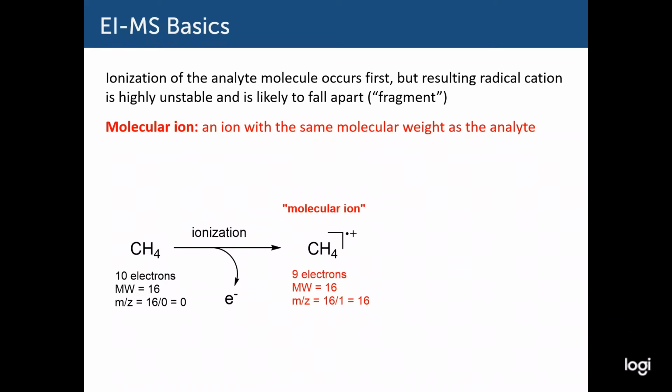So now we've got 9 electrons. The molecular weight of this ion is still 16. The M/Z ratio is now 16 divided by 1, and we do observe this by mass spec. So depending on where this particular ion hits our detector, we could work backwards to decide that the M/Z ratio for that impact on the detector is 16.